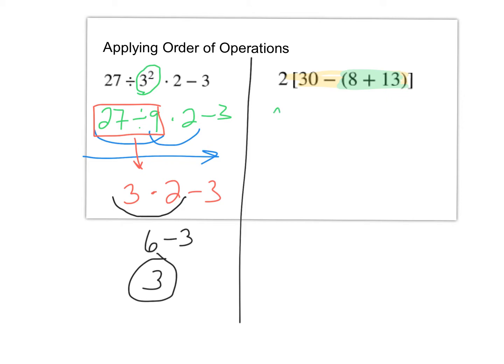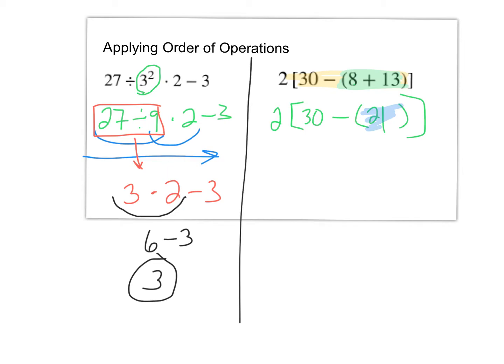Okay? So 2 brackets 30 minus parenthesis. Now 8 plus 3 is going to be 21. Okay. Now at this point, we look inside the parenthesis. Have we done all the work in this parenthesis? The answer is yes.